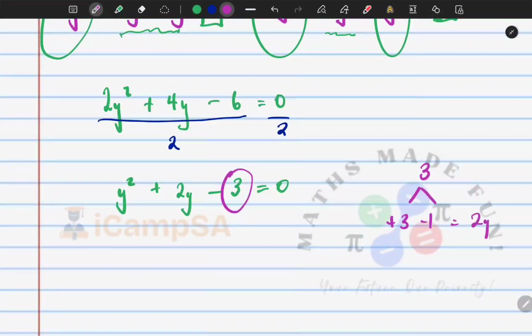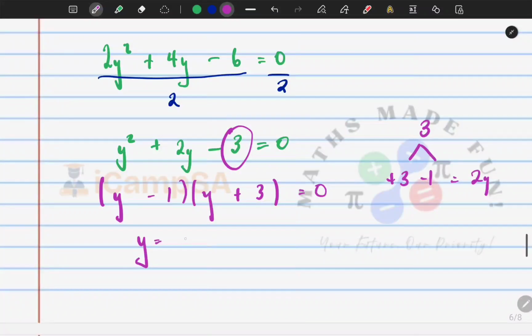So this is going to be 2y. So this is how I'm going to simplify this. So I'm going to have y plus 3 minus 1. So y is going to be equals to 1, or y is equals to minus 3, right?